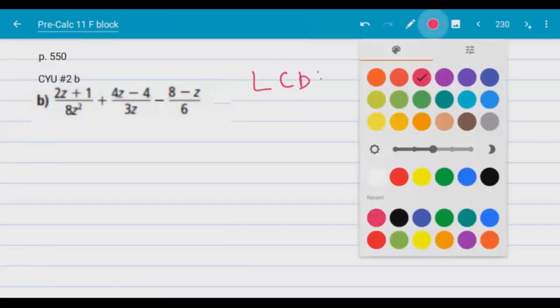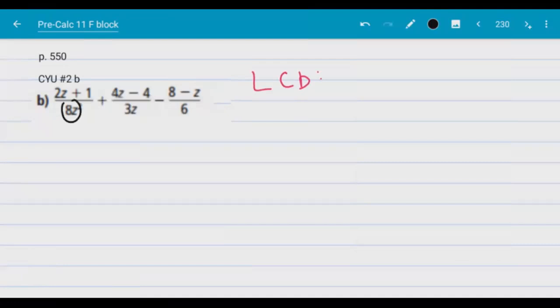Well, let's look at the numbers first: 8, 3, 6. What number would all three numbers go into, that is divisible by 8, 3, and 6? You might want to think about it in terms of multiples: for 8, 8, 16, 24, 32.